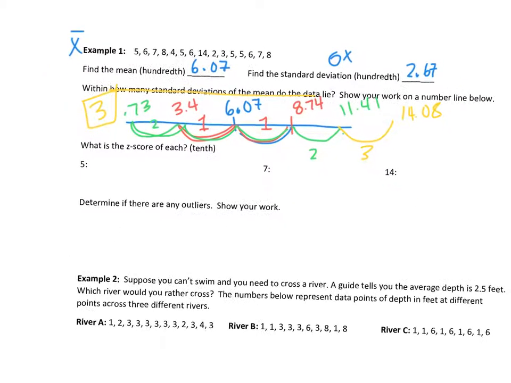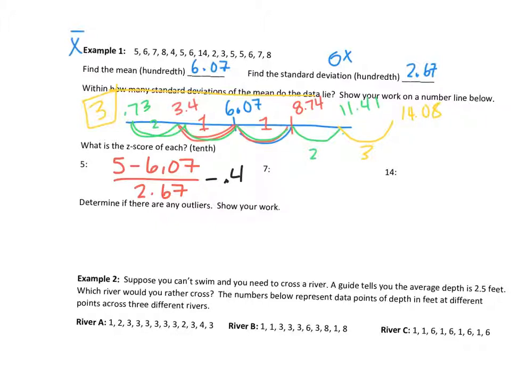Okay, what is the z-score of each? If you have 5 in the data set, how do you find the z-score? Well, you do 5 minus the mean, 6.07, and divide it by the standard deviation, which is 2.67. So 5 minus 6.07, divided by 2.67, I get negative 0.4.